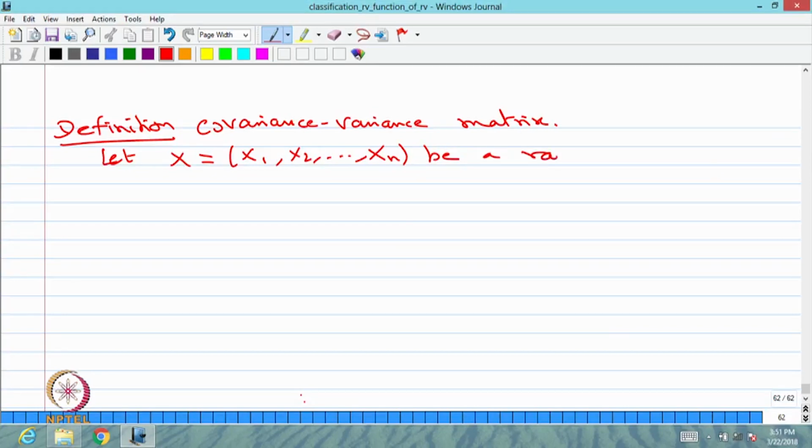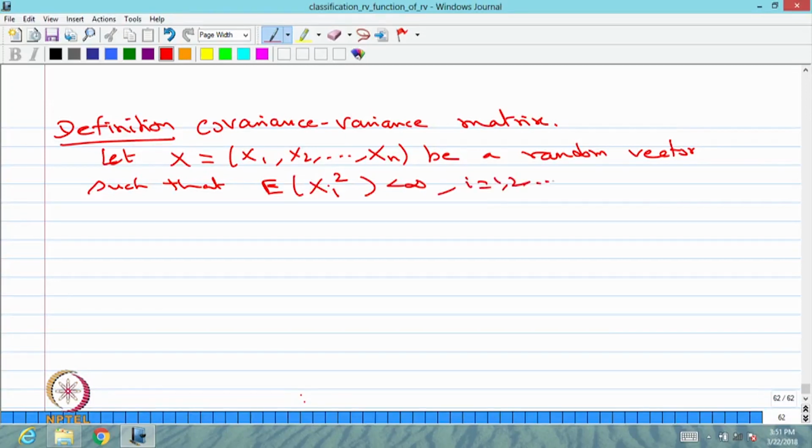You can say random vector, n dimensional random variables, or random vector with n random variables, such that the expectation of Xi square is finite for i equal to 1 to n.